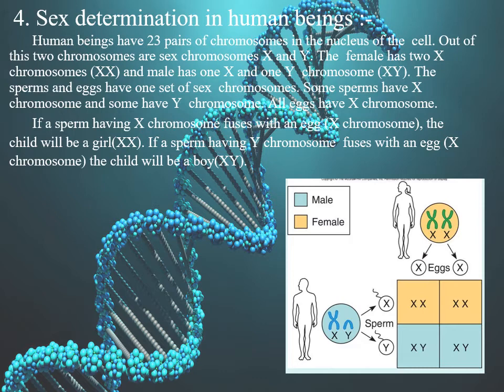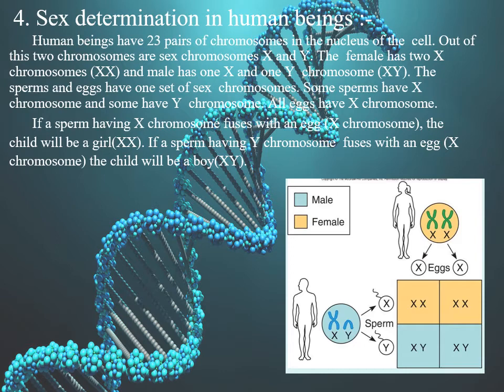Out of these, 2 chromosomes are sex chromosomes, that is capital X and capital Y. The female has 2 X chromosomes, XX, and the males have 1 capital X and 1 capital Y chromosome, XY.